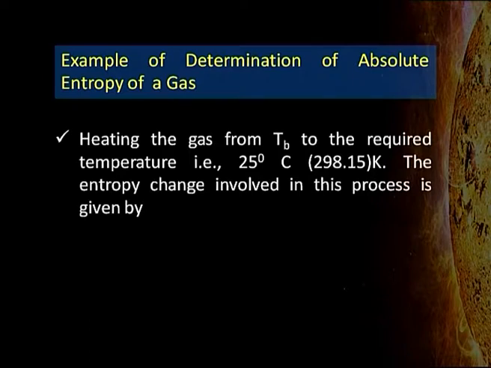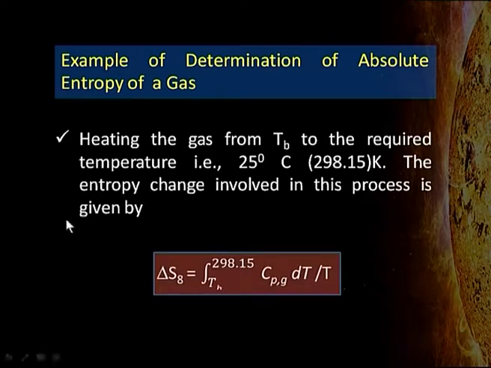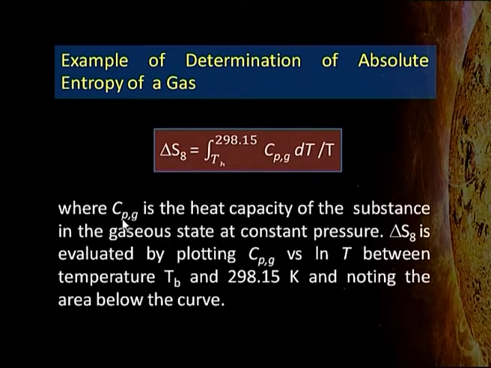The entropy change involved in this process is given as delta S8, which is equal to the integral of Cpg divided by T dT within the limits Tb and 298.15 Kelvin, where Cpg is the heat capacity of the substance in the gaseous state at constant pressure.